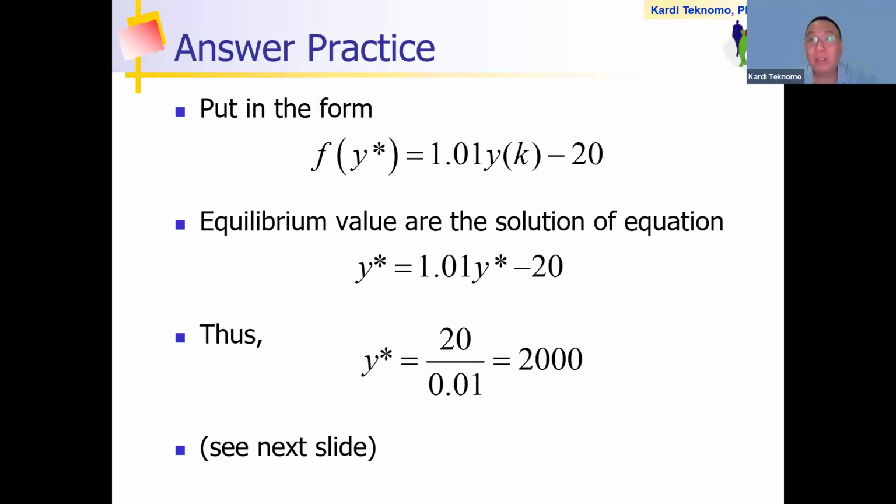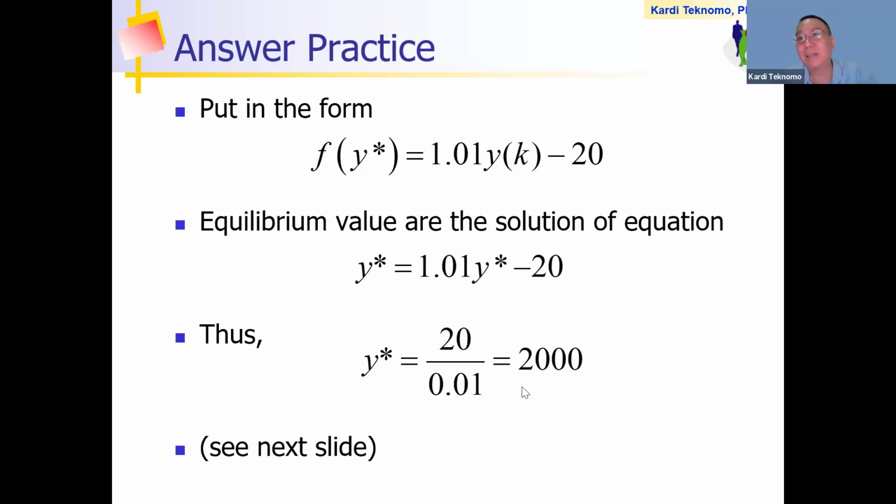All right. So if you put that in the form, you get this format. And then if you want to calculate the equilibrium, of course, you put y_k equal to y star, and then you equate that the same as y star. From here, you just algebraically put it on the other side.